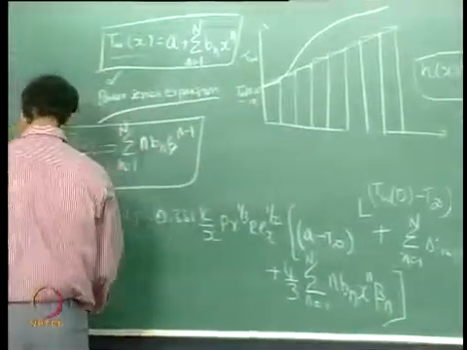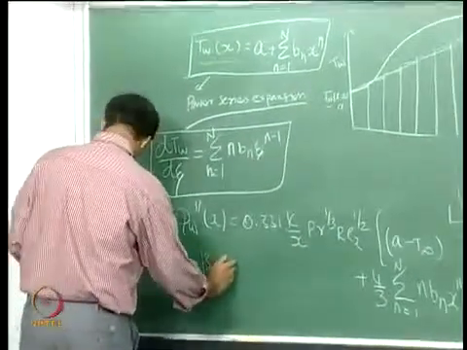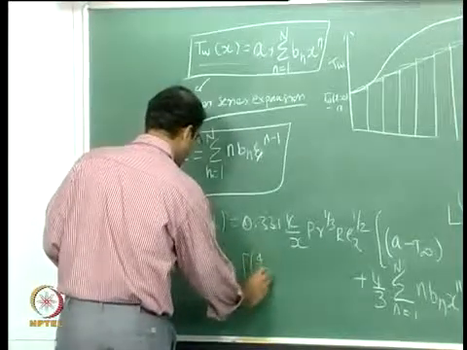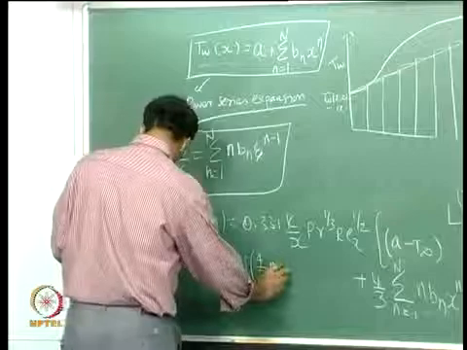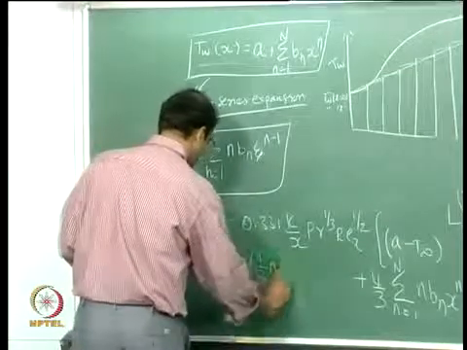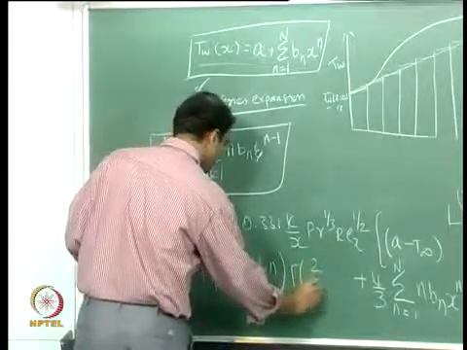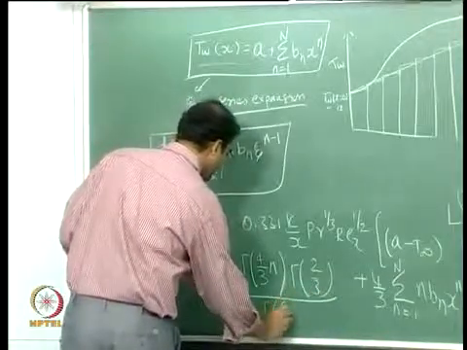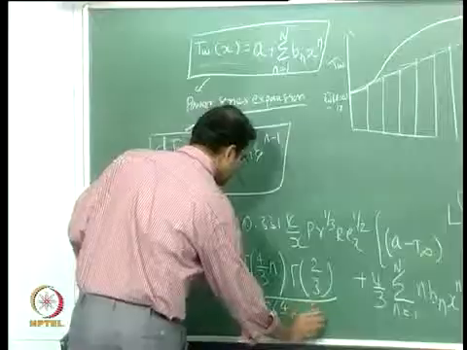Okay, so this beta function can be written as gamma function of 4 by 3. Originally it was 4 by 3, now it becomes 4 by 3 n, into gamma function of 2 by 3, divided by gamma function of 4 by 3 n plus 2 by 3.